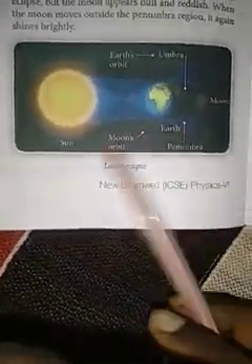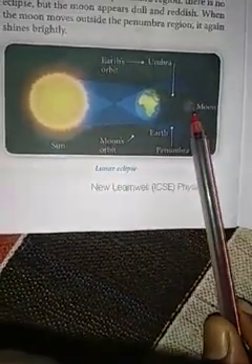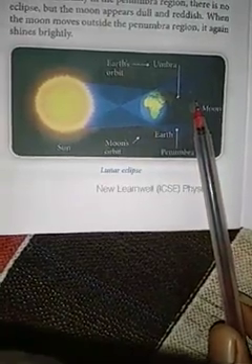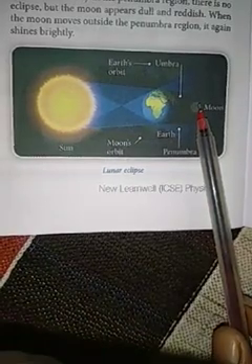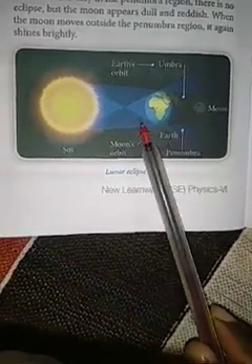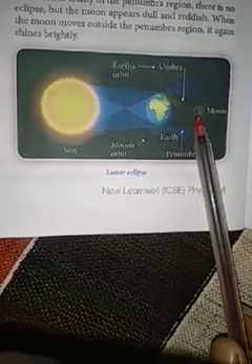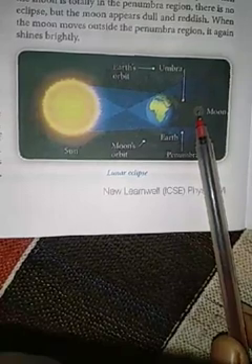Now we discuss lunar eclipse. When the Sun, Earth, and Moon come in a straight line, the Moon moves into the shadow of the Earth, and the lunar eclipse is caused. When the Moon is in the umbra region, it is totally covered by the Earth's shadow. This is called the total lunar eclipse.